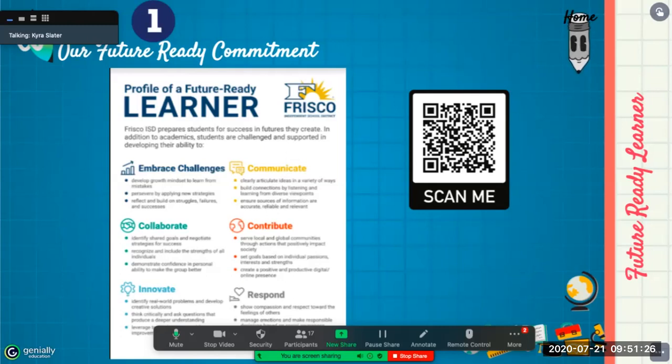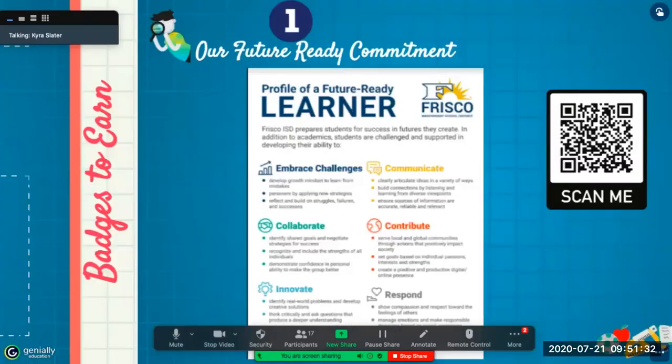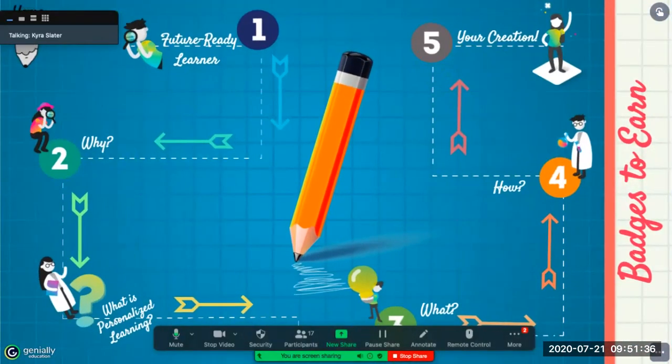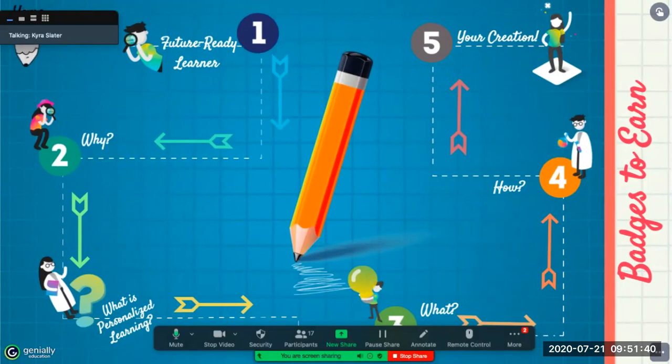That is really what a future ready learner is. And that's where I want to go with digital badging. So if I was doing that with my students and we did a whole group discussion, I would say, all right, future ready learner, you have earned that badge. So let's talk about why.